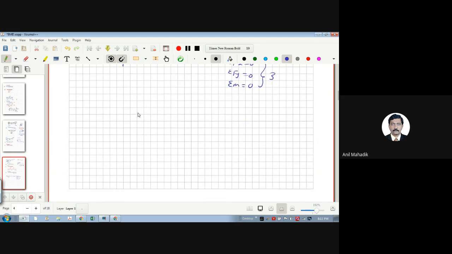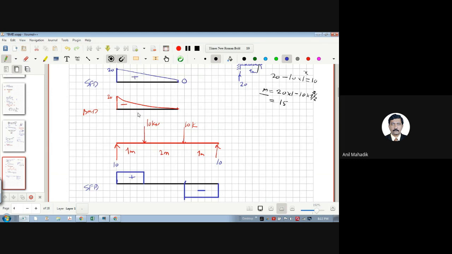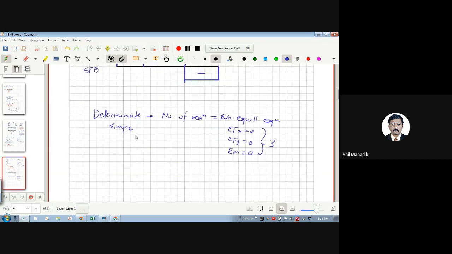And we are taking a simple problem. Determinate structures we can do manually and easily. Indeterminate ones are difficult to calculate. We need to use very rigorous methods like moment distribution, slope deflection, stiffness matrix, and so on. We are not going into detail of those, because we have software to do the indeterminate structures.